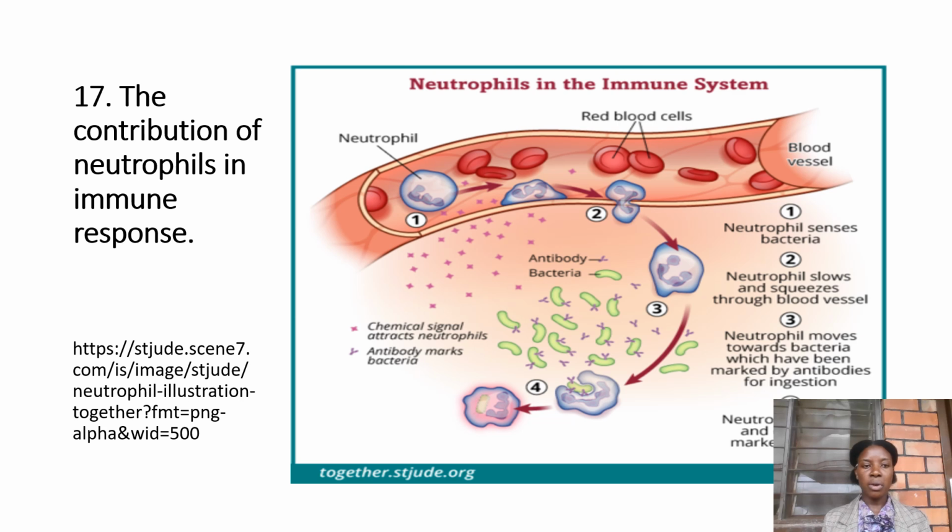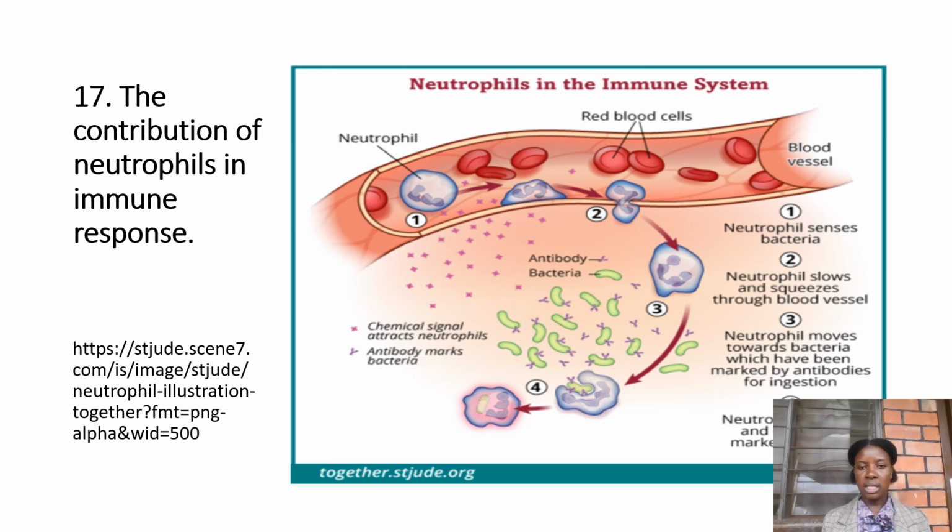Again, let's continue with the contribution of neutrophils in immune response. Here there is an image that shows how neutrophils carry out the process of phagocytosis to eliminate pathogens. On number 1, there is an image of a neutrophil in the blood vessel.